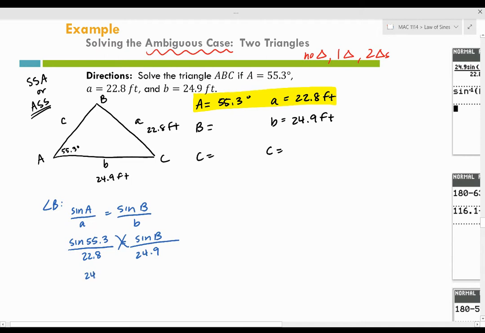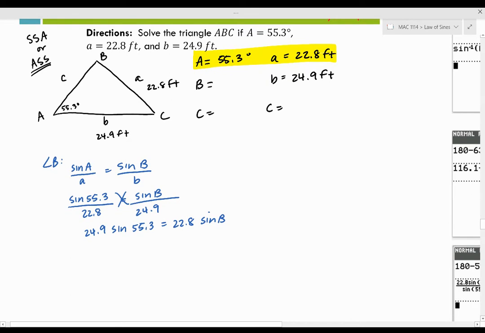So it's going to give me 24.9 sine 55.3 equals 22.8 sine B. All right, then I'm going to divide both sides by 22.8 because I need sine B to be by itself. So sine B equals 24.9 sine 55.3 divided by 22.8.